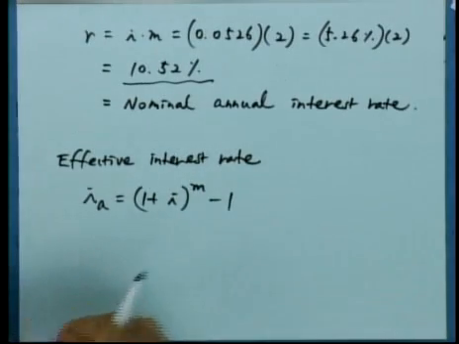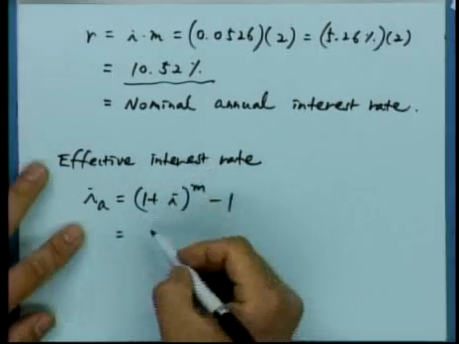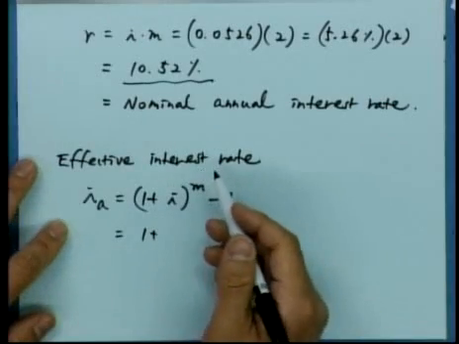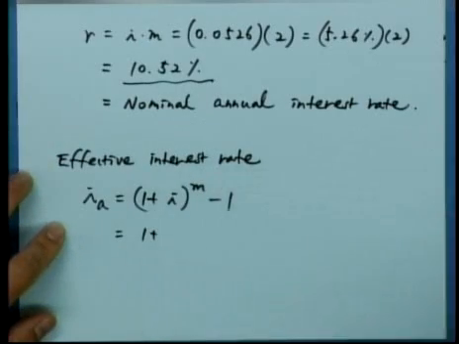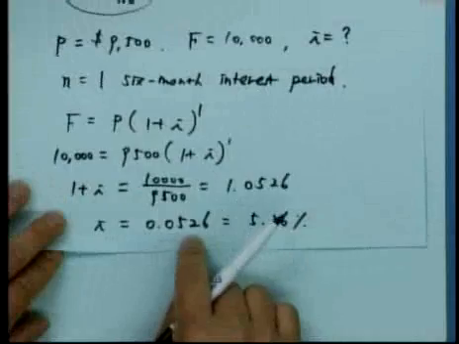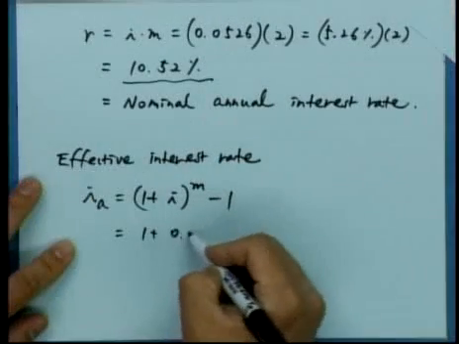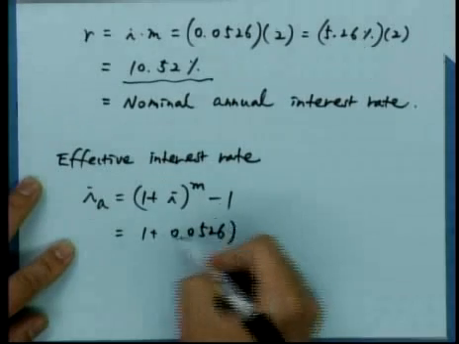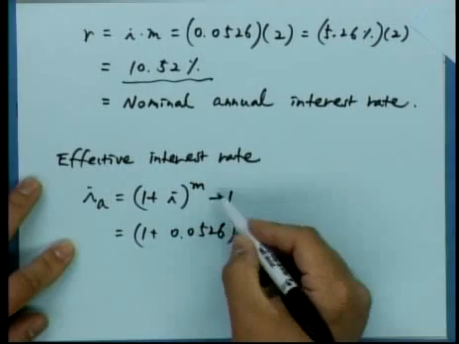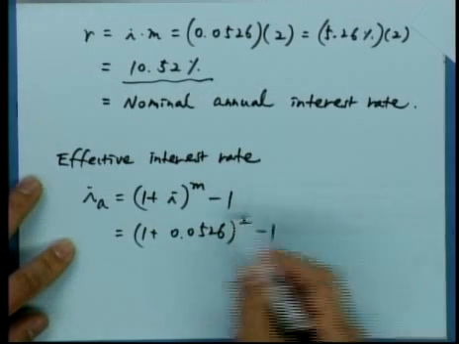Right? I is 0.0526, 1 plus 0.0526 to the power M equals 2, minus 1.